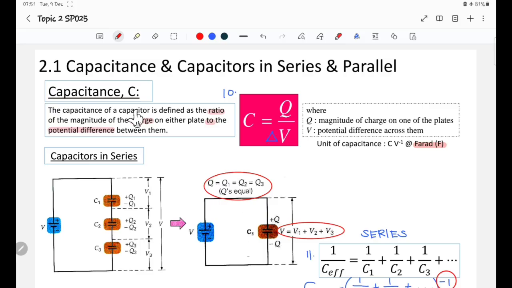A capacitor having a capacitance is defined as the ratio of the magnitude of the charge on either plate to the potential difference between them.